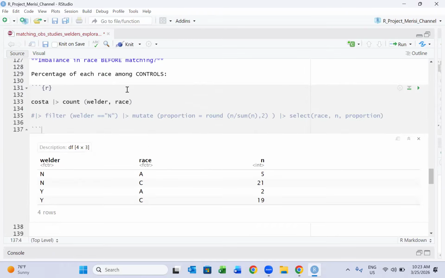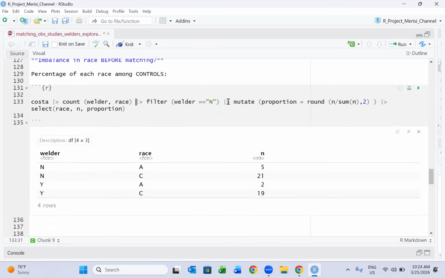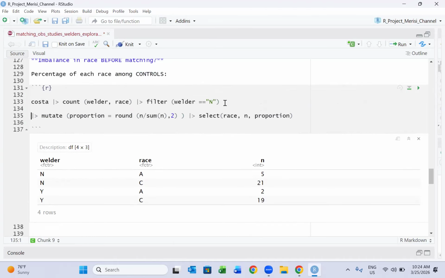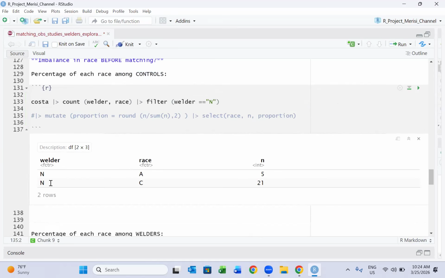Now, since I only want to see the race distribution for controls, for non-welders, I want to filter for that. That's what I'm doing here. I'm filtering for non-welders, the controls, okay? Sure enough, if we do that, we only get the non-welders or the controls.